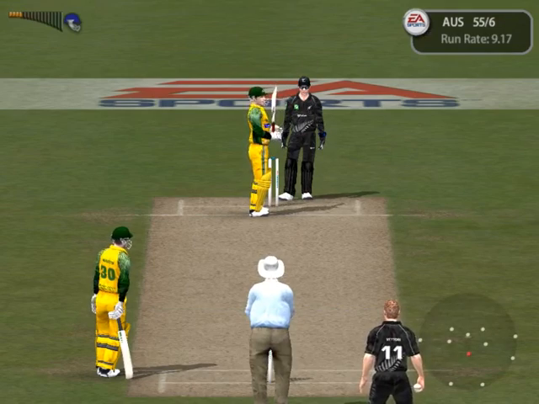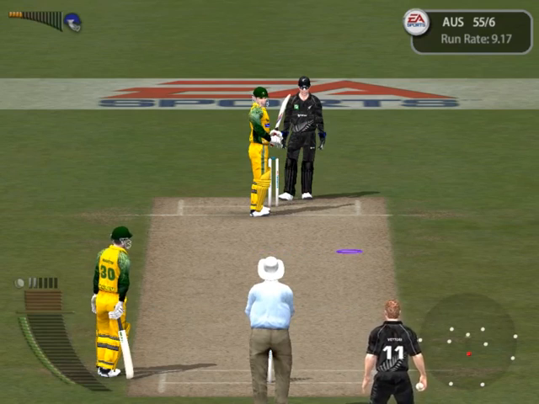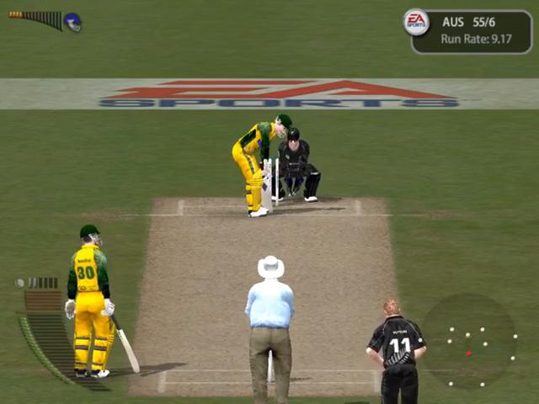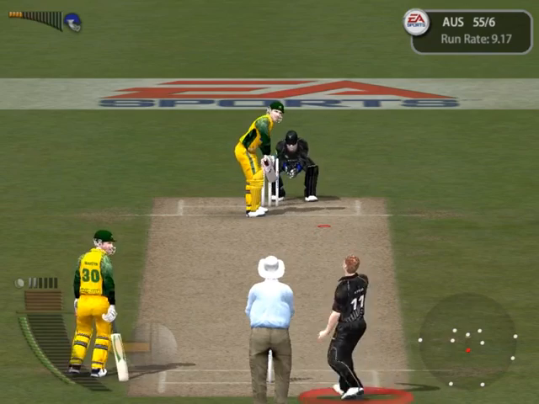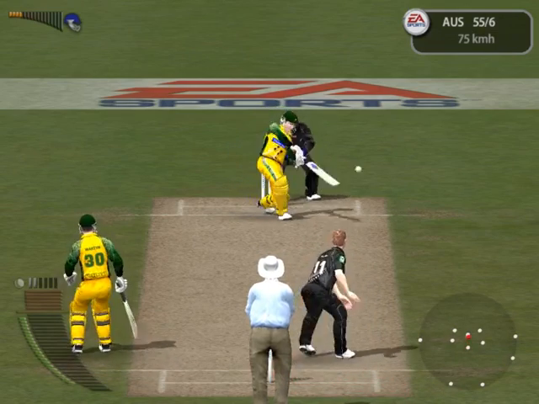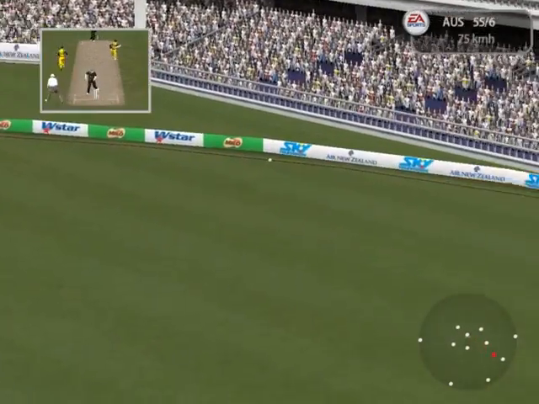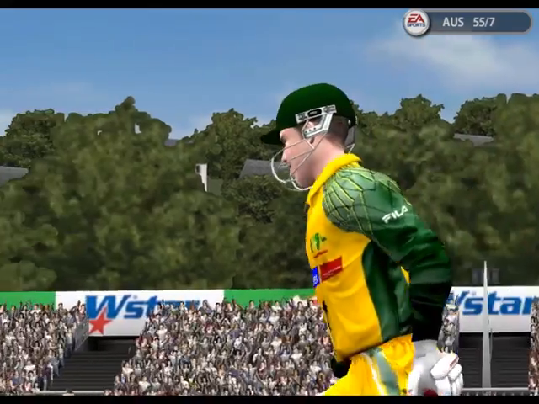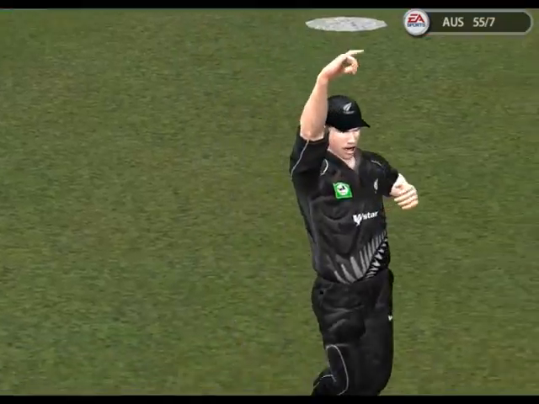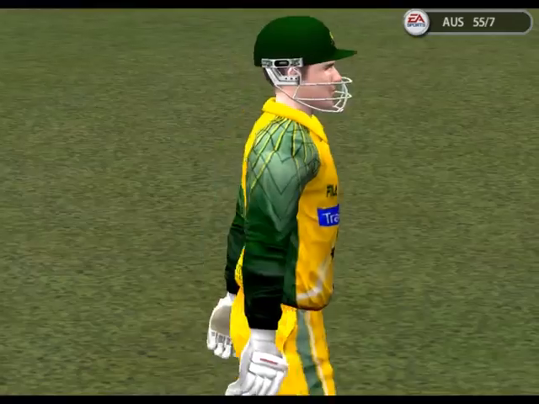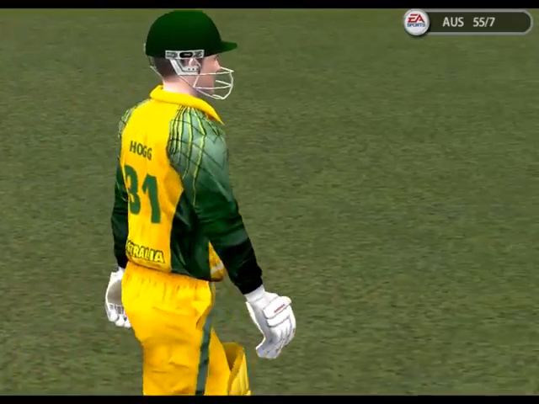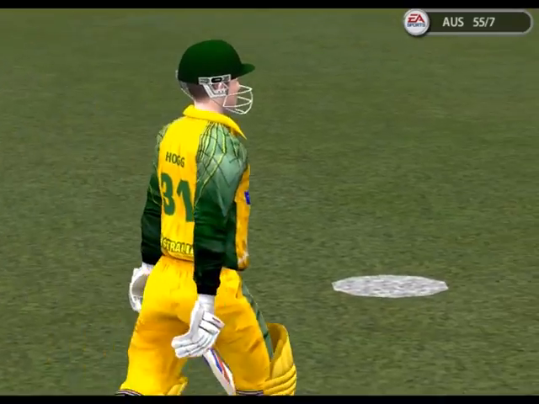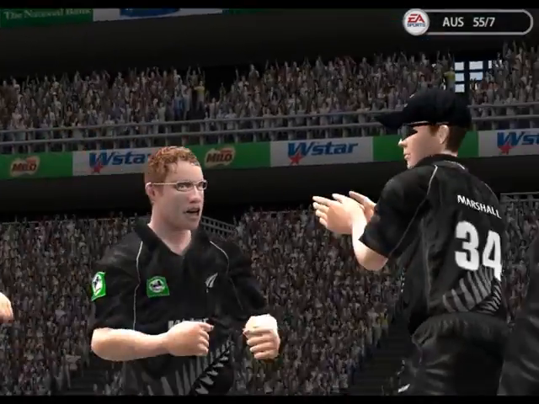Vettori continues. Out. He's been caught. That was a lazy shot. He'll regret that when he sees the replay. And that's out. Caught by Fleming. For those of you watching at home, that's a good example of how to take a catch. That's the 3rd wicket now for Vettori.